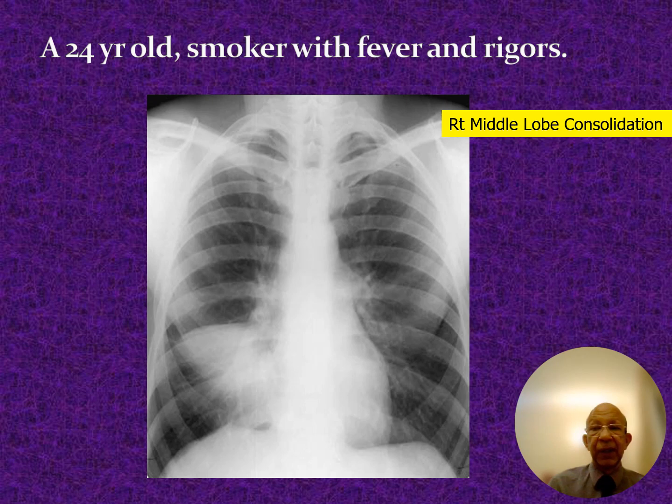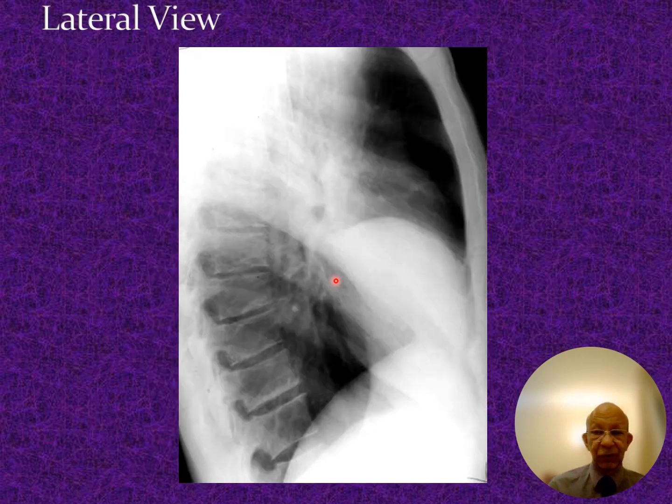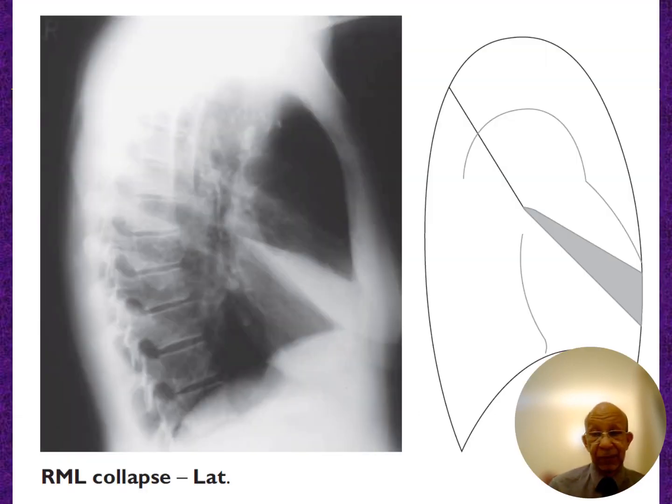And you can see it also in a lateral X-ray, and this is the right middle lobe consolidation on a lateral X-ray film. Right, now because of the smaller volume, there is consolidation here, but also some loss, some collapse. So there might be an obstructing lesion or sputum or secretions causing collapse.